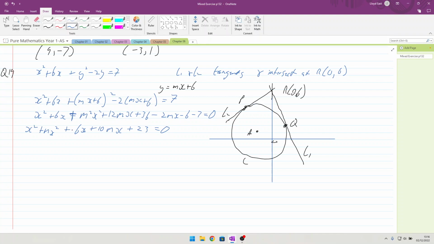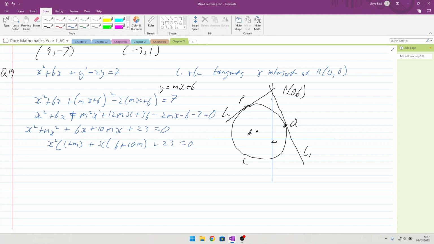So, looking at this now, the trick, and it literally feels like a trick, is to say that x squared can be a factor of 1 plus m. So I can take an x squared out of these two terms, and I can do the same with the x terms, and I get x squared times (1 plus m) plus x times (6 plus 10m) plus 23 equals 0.